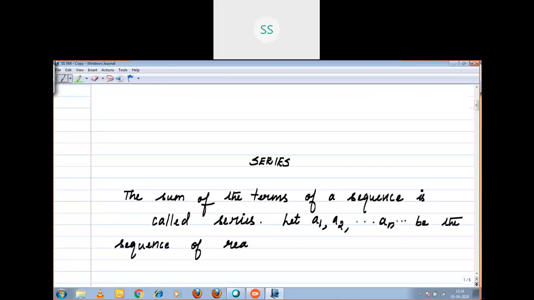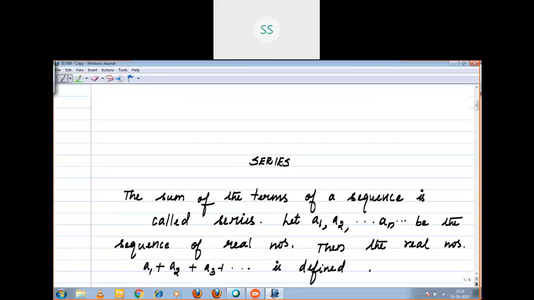Then a1 plus a2 plus a3 plus etc. is defined as the series of real numbers.